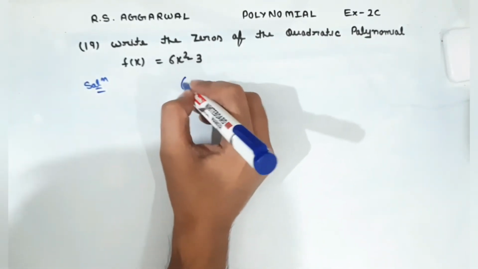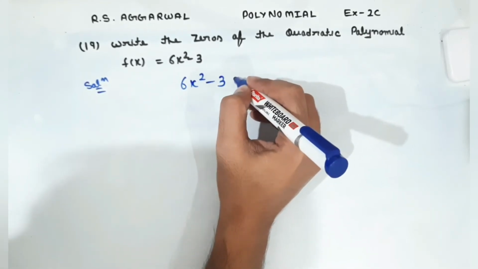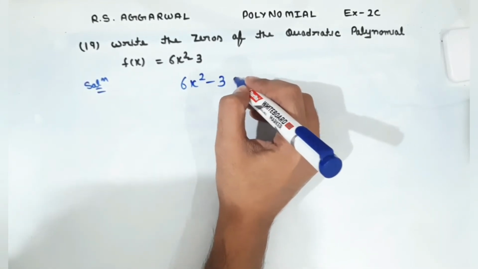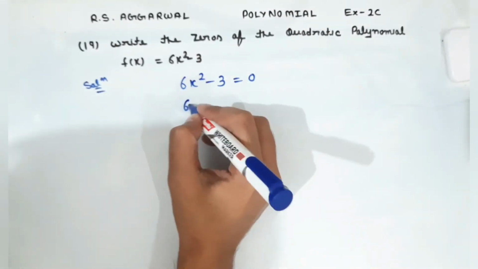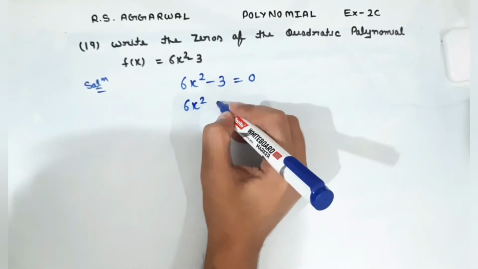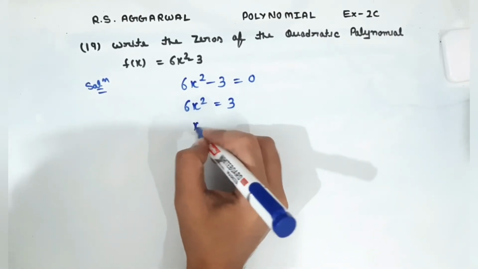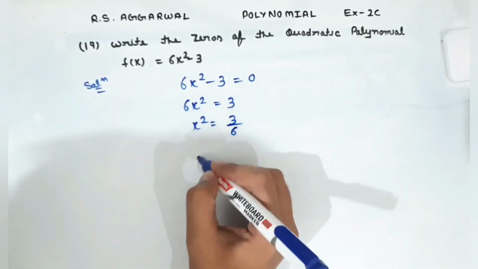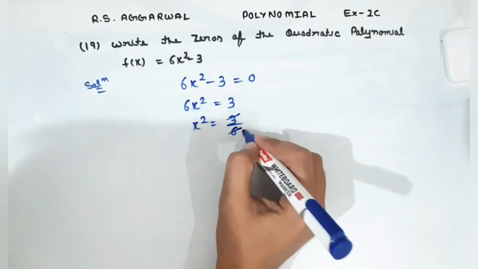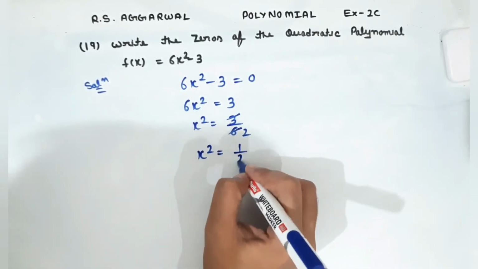So firstly, we will write this polynomial equals 0. So from here 6x square will be equal to 3. So x square will be equal to 3 upon 6, so x square will be equal to 1 upon 2.